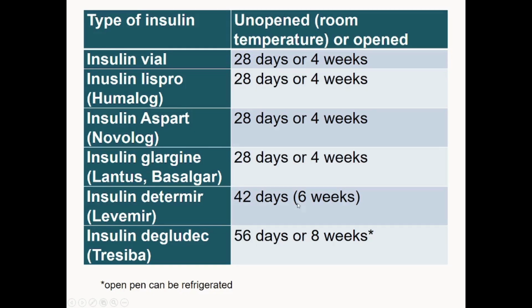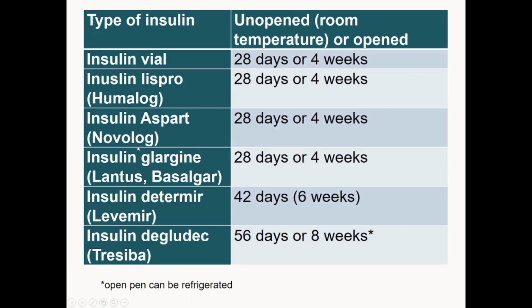Here are examples of types of insulin and their storage conditions, unopened at room temperature or open. In both cases, it is room temperature. Insulin vials are generally stored for 28 days or 4 weeks. Insulin Lispro, Humalog, is 28 days.